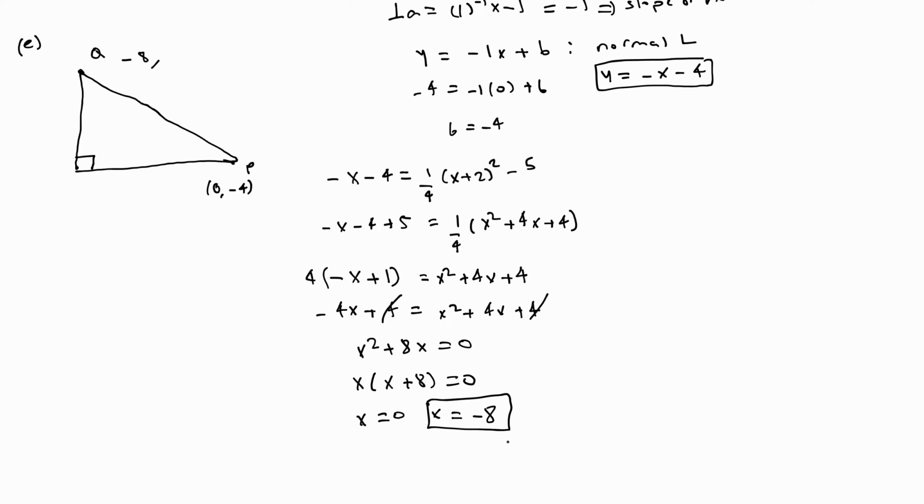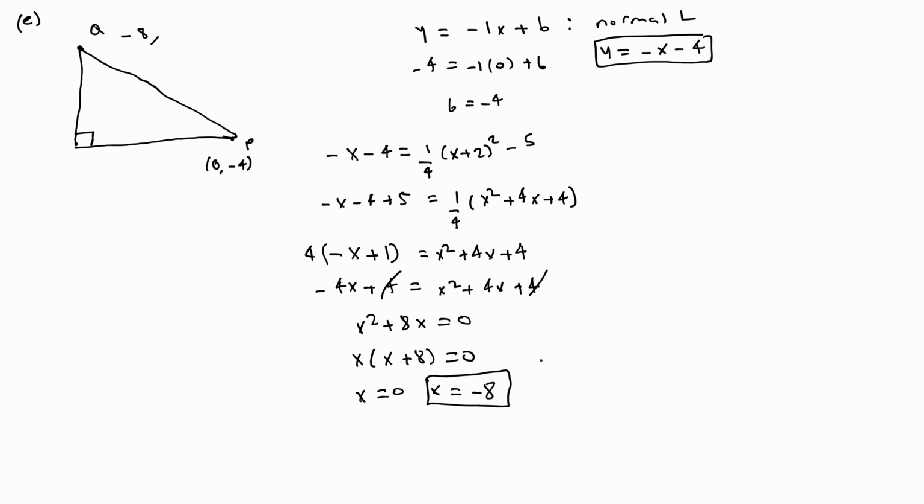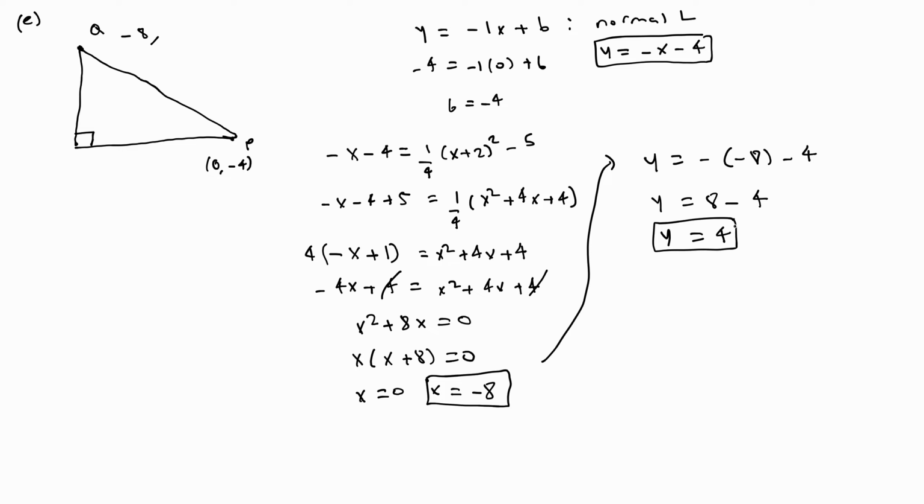Well, let me simply substitute -8 into this normal L. So y is equal to -(-8) minus 4, so y is equal to 8 minus 4, y is equal to 4. So Q has a value of (-8, 4).